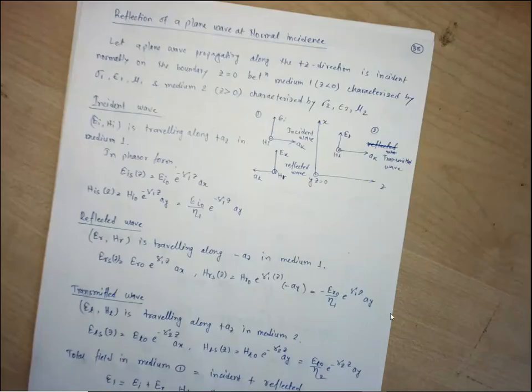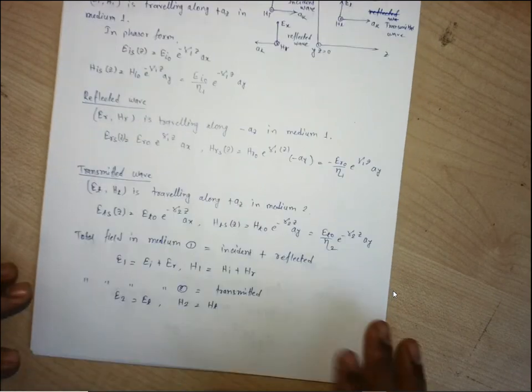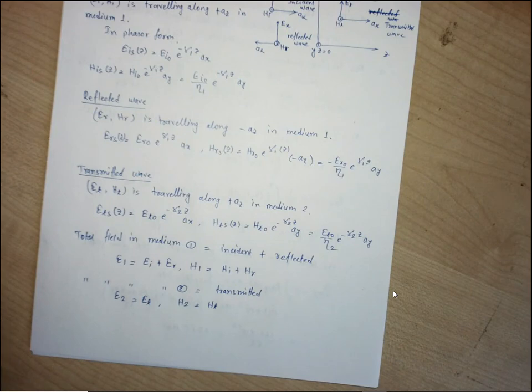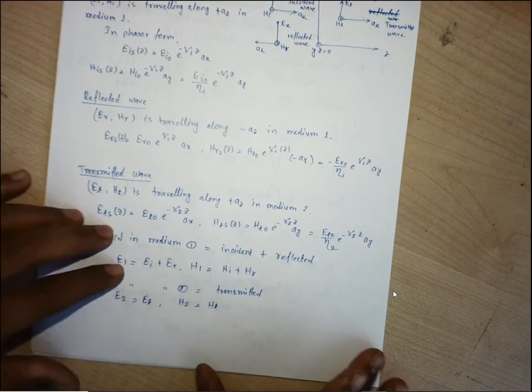The boundary conditions must be maintained. What we know, for dielectric to dielectric boundary conditions, is that the tangential component of electric field and magnetic field must be continuous. Why have I taken the tangential component of magnetic field also? Because the interface is considered as charge free.